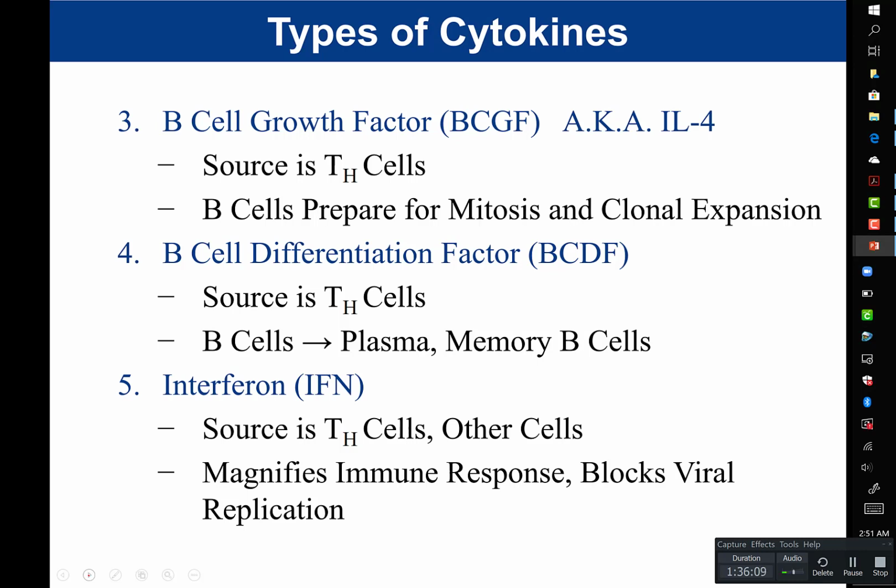Then those neighboring cells are going to start to produce antiviral proteins to protect themselves from becoming infected by the virus as well. So the interferons are used to magnify an immune response and to block viral replication. So again, to turn on production of antiviral proteins in cells that have not yet been infected.